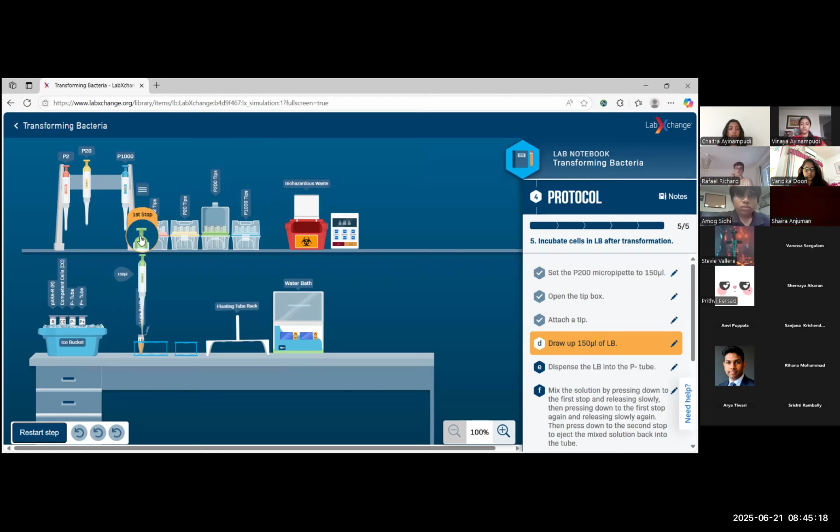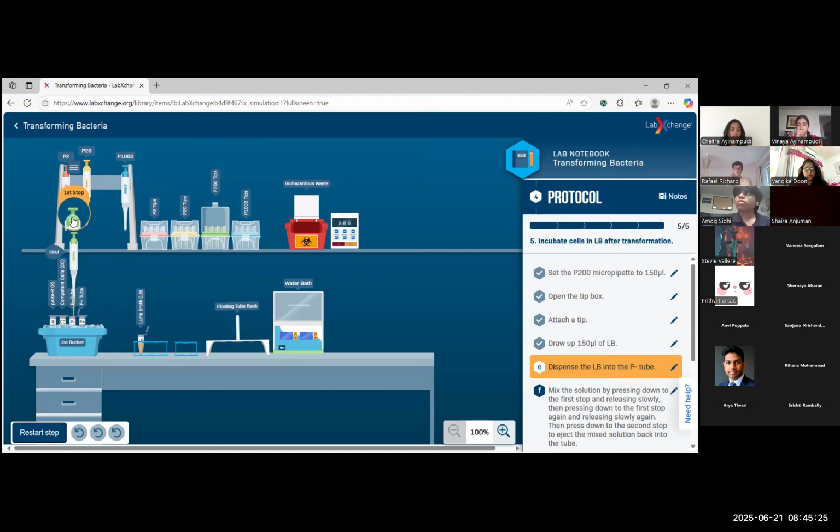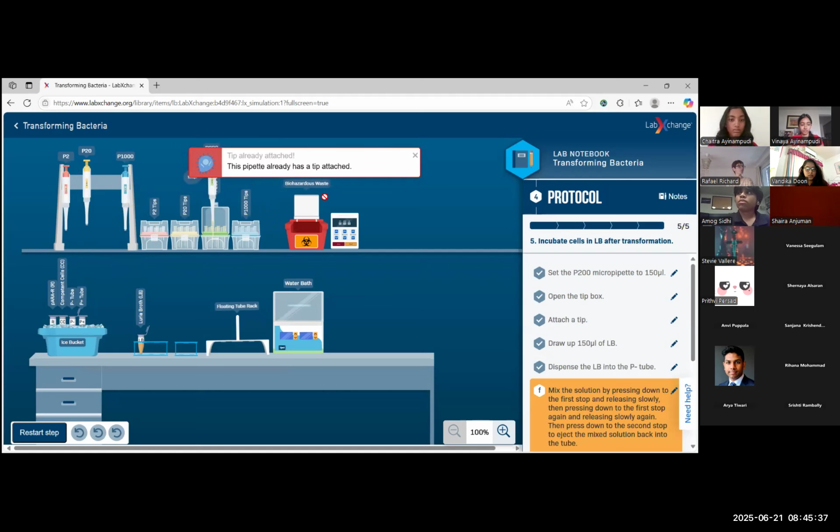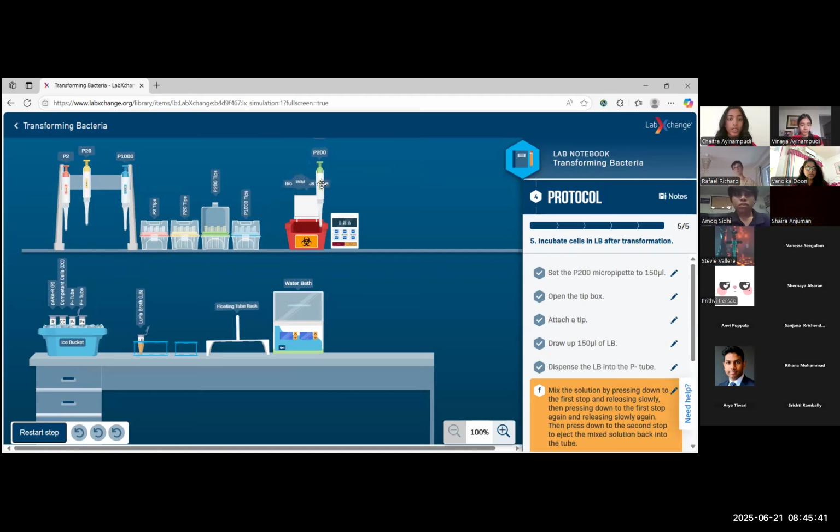We're going to go to the first stop, and we're going to open the P minus tube and put it in there. The LB broth helps the plasma grow, and we're going to get rid of the tip, attach a new one, and then we're going to mix it.